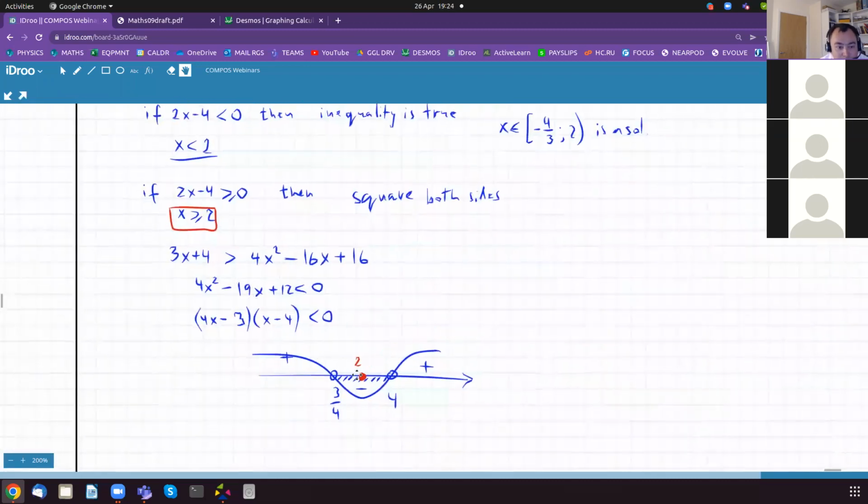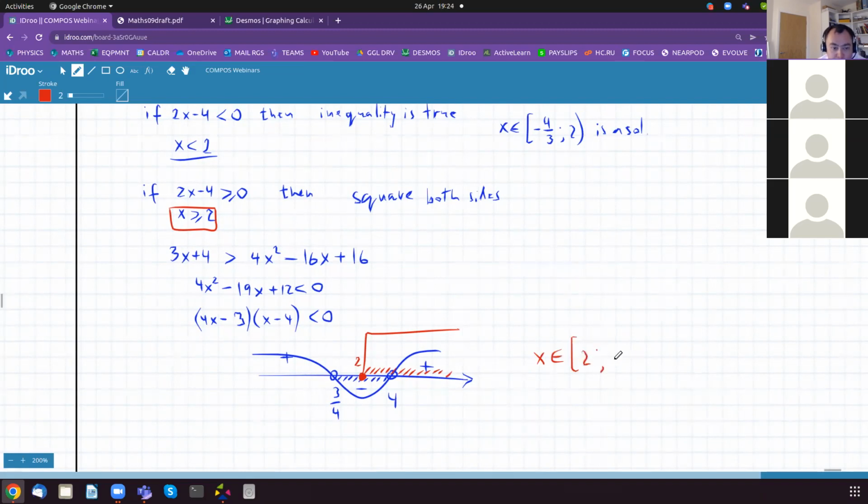And the intersection, so x belongs from 2 to 4 is a solution.